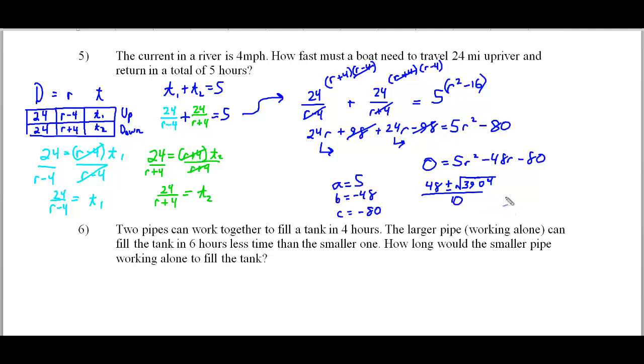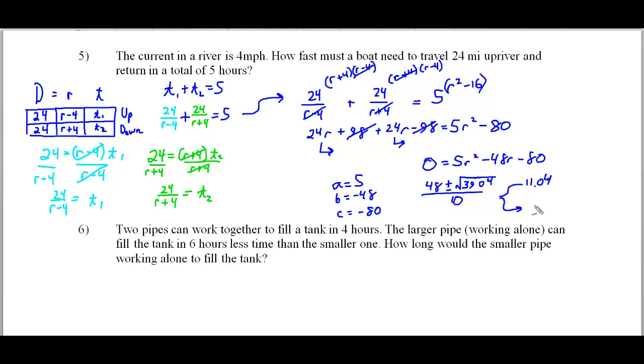This is not going to be an exact answer, because the square root of 3,904 is a decimal. So just go 48 plus the square root of 3,904 and divide it by 10, and you get an answer of 11.04. So you're roughly going to be traveling about 11 miles per hour in still water to get up and down the river in 5 hours.